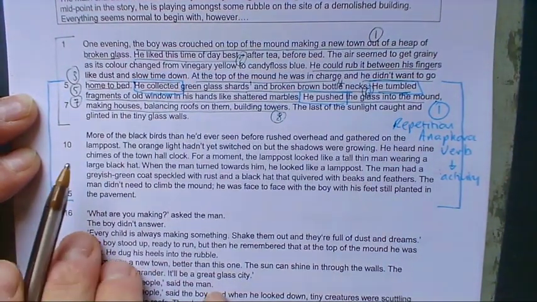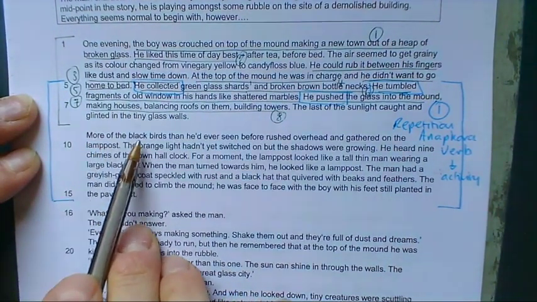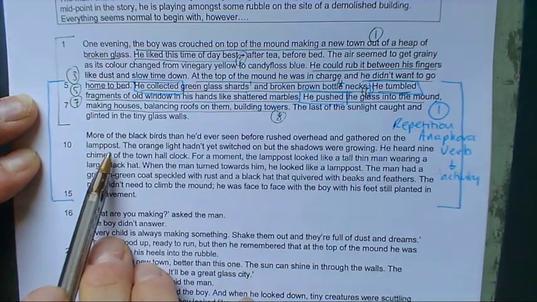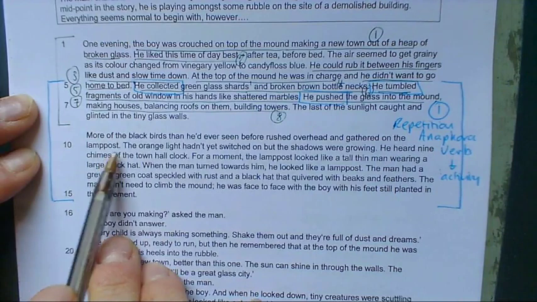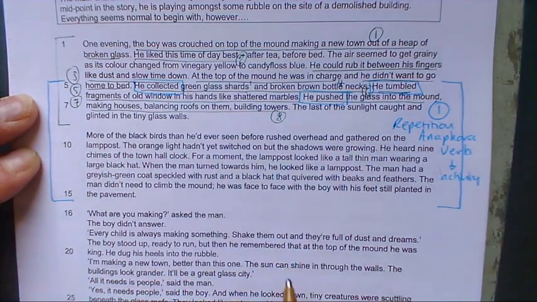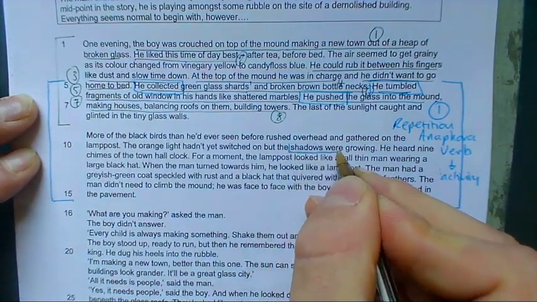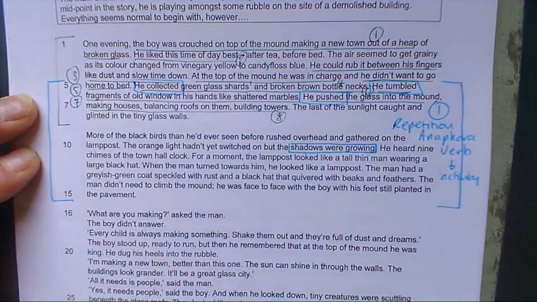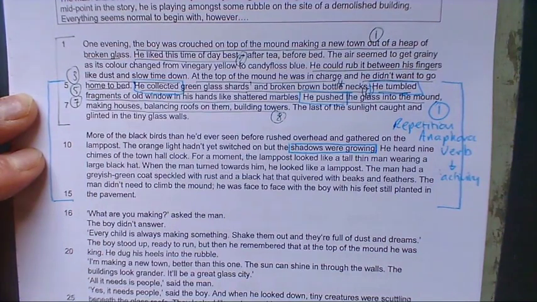Okay, reading on, it continues. More of the blackbirds than he'd ever seen before rushed overhead and gathered on the lamppost. The orange light hadn't yet switched on, but the shadows were growing. Well, this to me seems to be significant. The shadows were growing. This is creating a sense of the change in atmosphere and the change of the time of day.